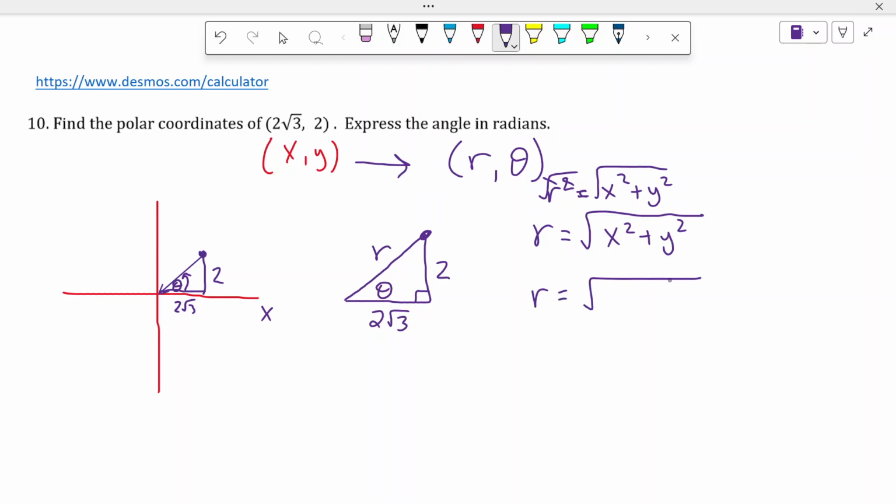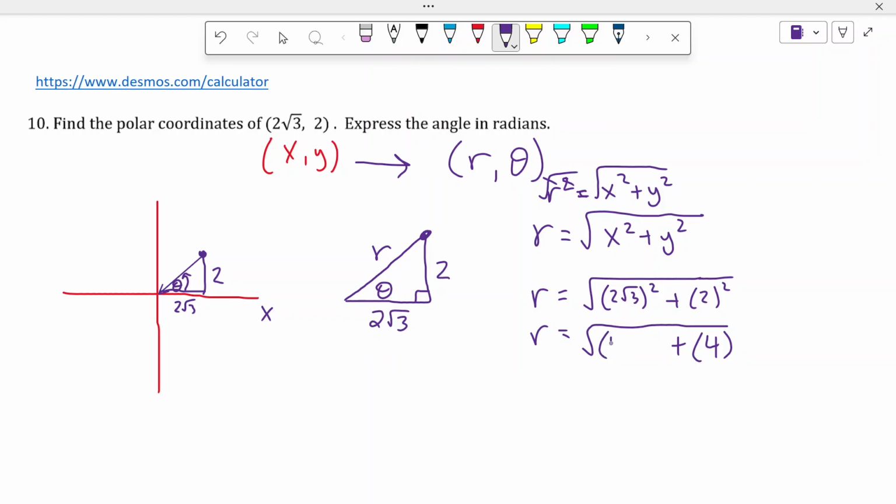So let's crunch this. Let's see, what's the x? The x is the 2 square root of 3 squared, plus the y is just the 2 squared. We're going to square root all of that. And so our r will equal, well, of course, it's going to be a giant square root. This one's easier, so let's jump to this. 2 times 2 is 4. Plus, now this one, it's 2 times 2 and a root 3 times root 3.